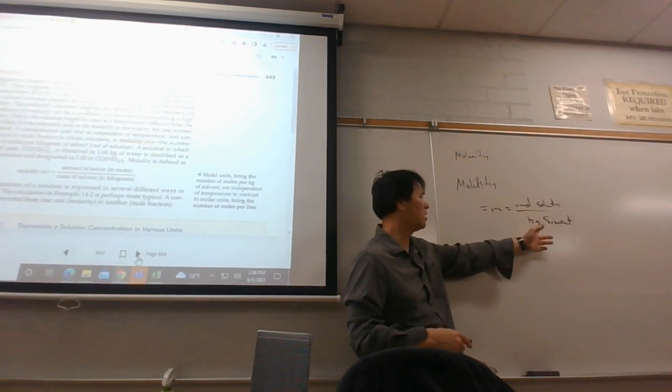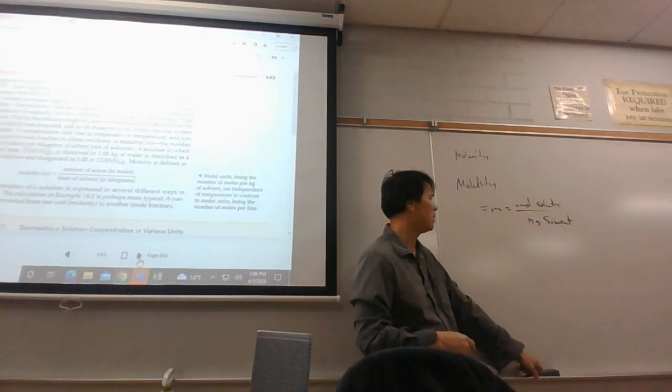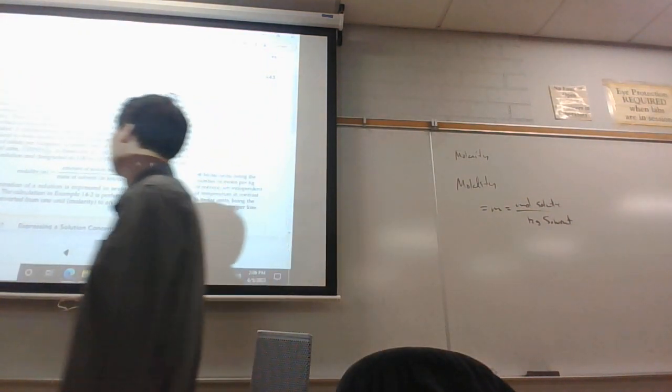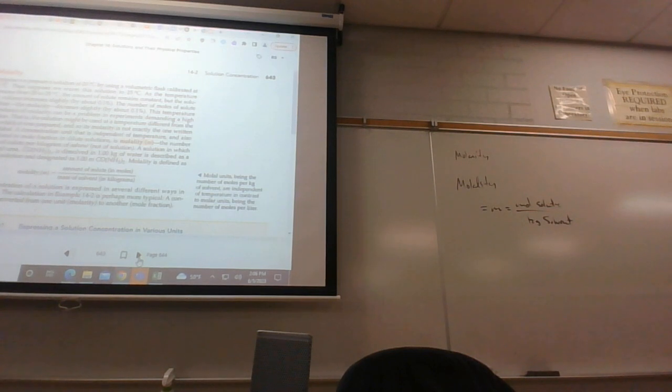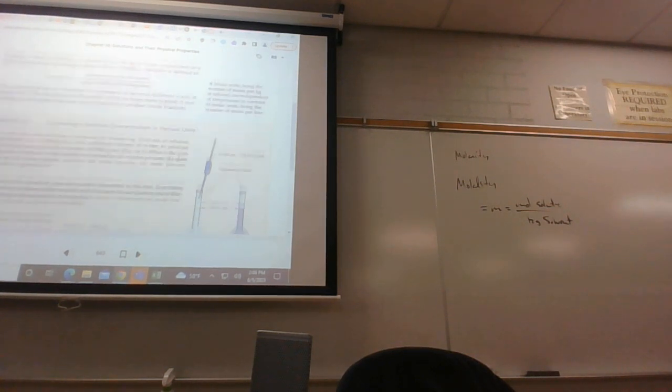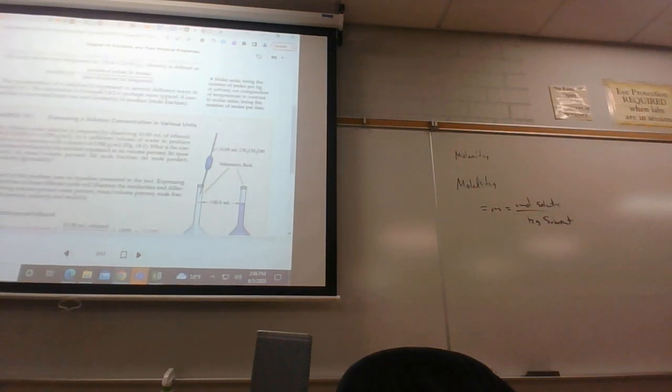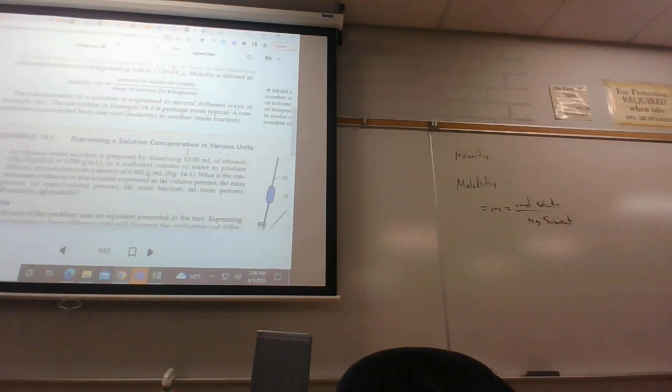But in this case, it's the solvent, which is not the total mass. It would just be the mass of water in most cases. But one advantage of molality is it doesn't change with temperature. Let's take a look at this example here.